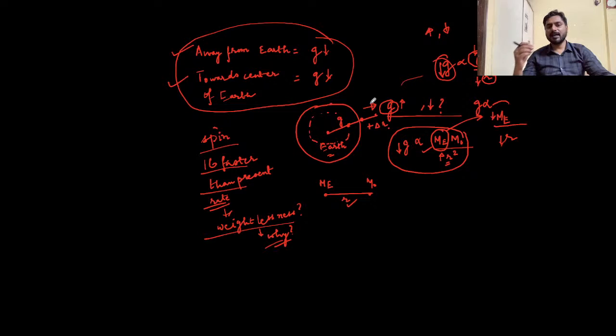So gravity is acting as the centripetal force, and because earth is revolving around sun, that is producing centrifugal force. That centrifugal force is countering the centripetal force, and that is why earth is not falling on sun.